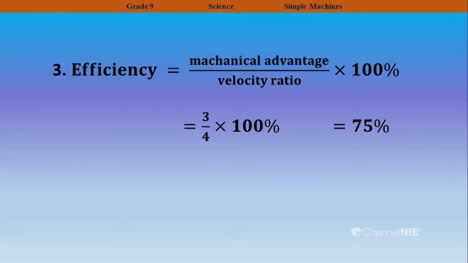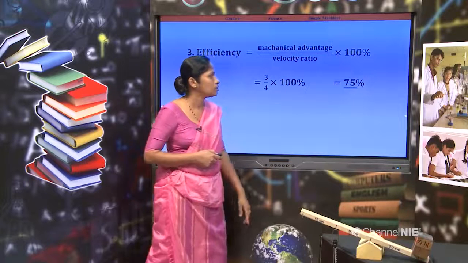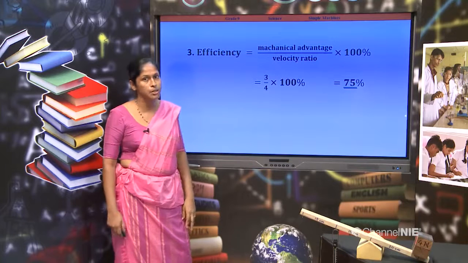Can you remember? Mechanical advantage was 3 and velocity ratio was 4, multiplied by 100 because we are calculating a percentage. Finally, we got 75. 75 percent is the efficiency of this machine.